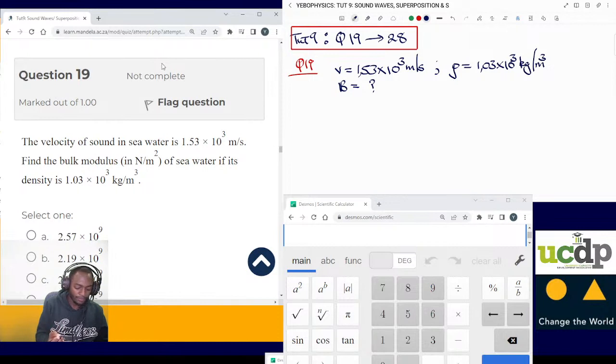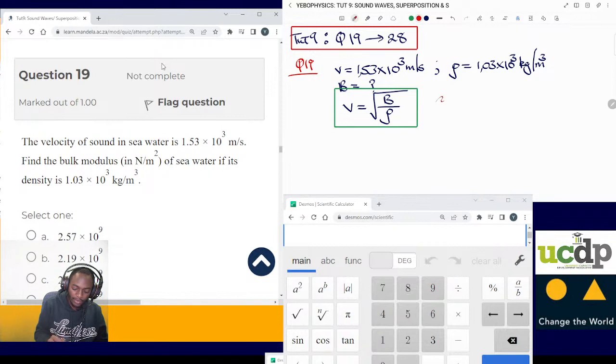What else we're supposed to do is to identify the equation, right? You should know by now that your velocity is equal to the square root of your bulk modulus over the density. So that becomes the equation that we're going to use.